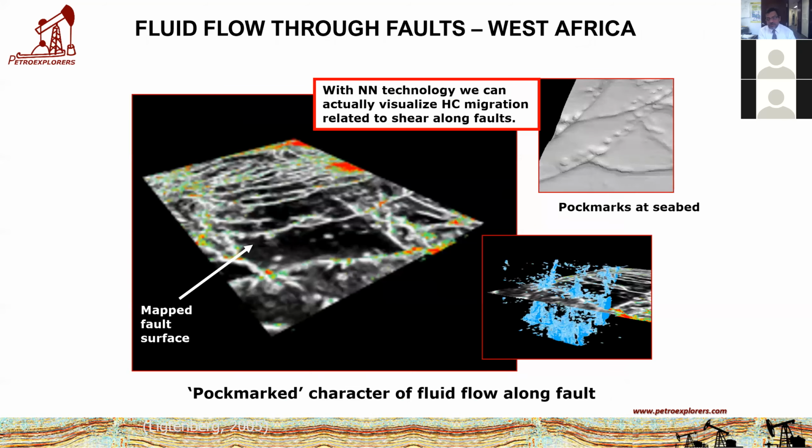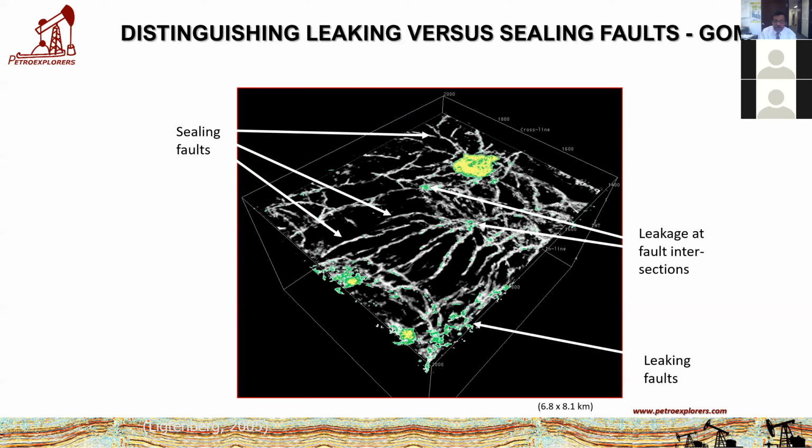So leaking faults versus sealing faults could be differentiated, and especially in the deep offshore it could reduce that risk a lot in offshore drilling, which is a lot of millions of dollars, from a commercial discovery to just oil shows or gas shows.